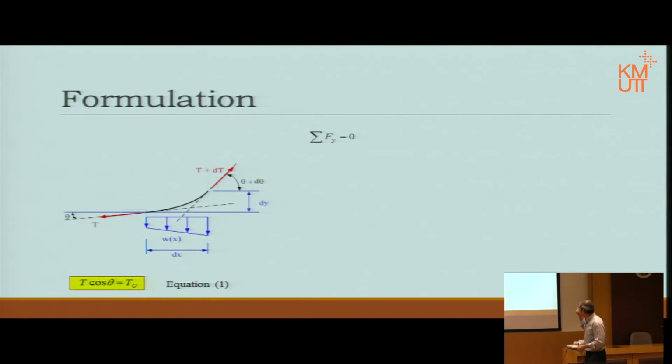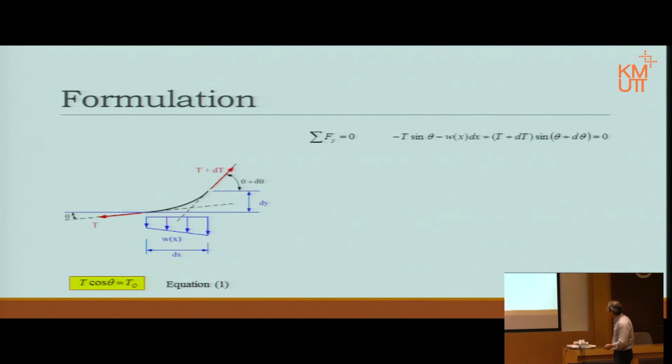Then we go to sigma fy equals 0. Well, that one is good. We know that the horizontal component is a constant, but it doesn't actually let us calculate it yet. So we move on to find the expression. Now, if we do sigma fy equals 0, of course, we take all the components of t into the y direction.